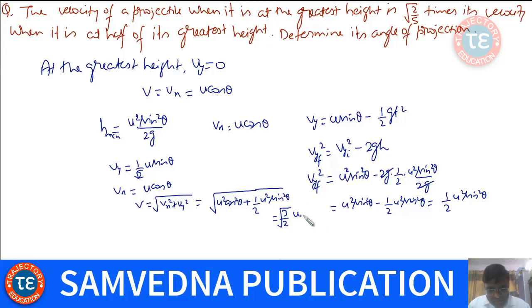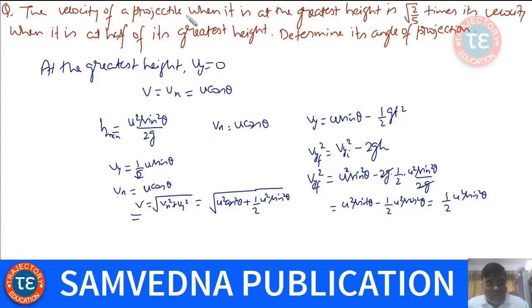Oh no, sorry, this is v, this is sin square theta plus cos square theta. We can't do anything. Okay, so that's the velocity at half of the greatest height.